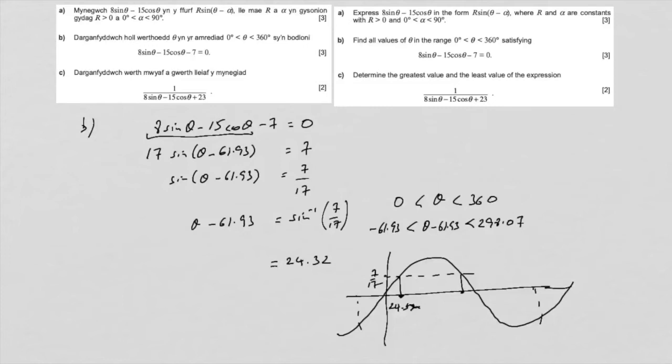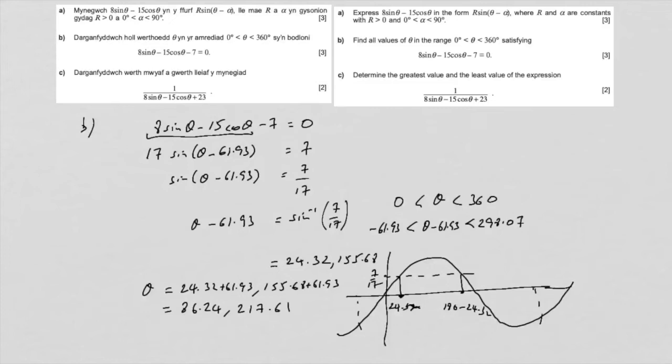That's a terrible 2. 180 take away 24.32, which we can then put next to this one, which is 155.68, and that means that we get theta equals 24.32 plus 61.93, or 155.68 plus 61.93, which gives us our two answers of 86.24 or 217.61.